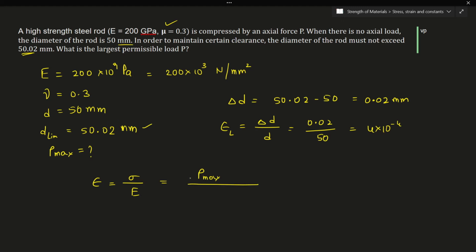P max divided by the cross sectional area, which is pi by 4 into 50 square, into the E that is given as 200 into 10 to the power of 3 Newton per mm square. Now if I simplify this, I'm going to have 2.54 into 10 to the power of minus 9 into P max.